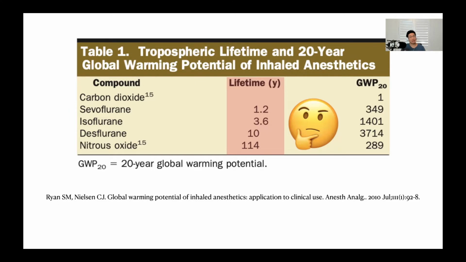It didn't give a range. It said 120 for nitrous, 14 for DES, 3 and a bit for ISO, I think it was 3.2, and 1.1 for sevo. So these are pretty much the same, but these are a little bit different.